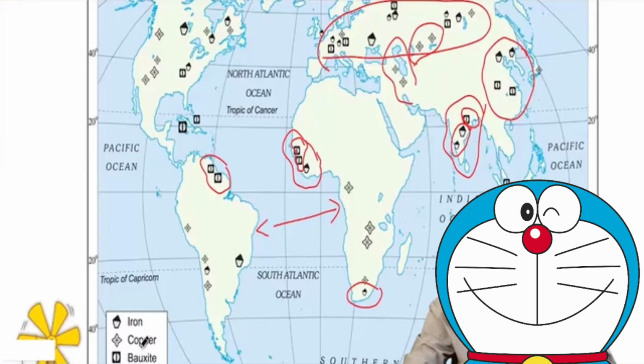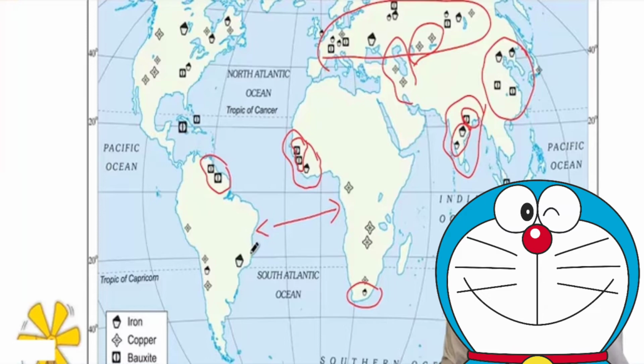And it is believed that when you bring Africa and South America together, the bauxite ores will be closer by. So, you should remember that iron ore is present in Africa in very small quantities, but bauxite is present mostly in Western Africa. It is also present in the northern part of South America.